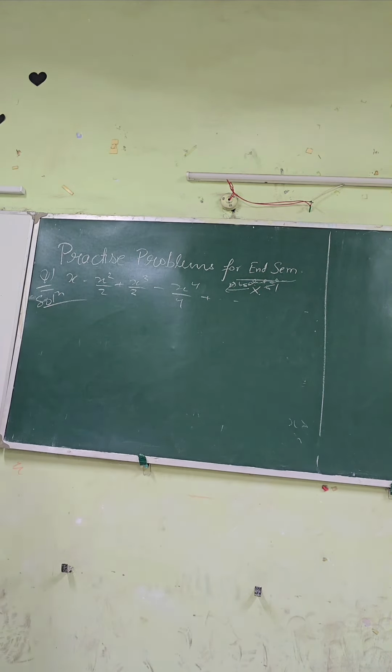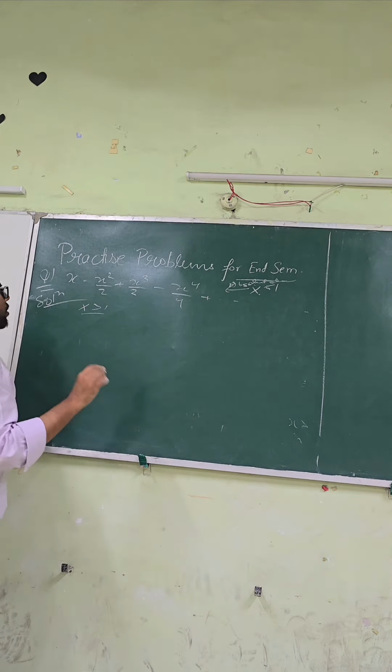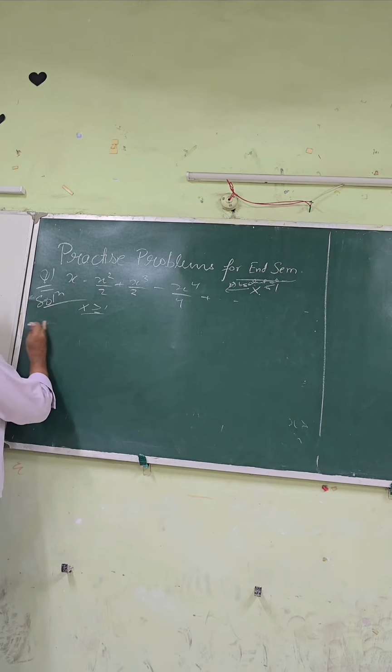So for x greater than 1, we are checking. Okay, greater than or equal to, because in that case 1 is also not included, so I am including 1. Basically, what is the general term?